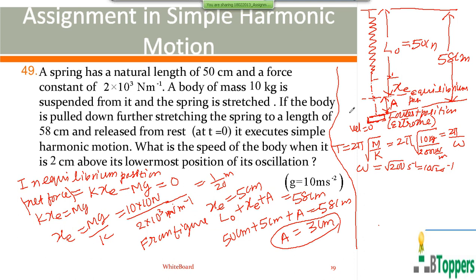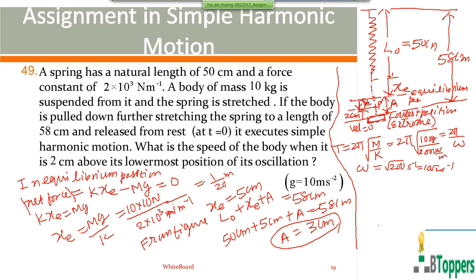We're asked to find the speed of the body at the instant when it is at a distance of 2 centimeters above the lowest position. Let P be the position of the body when it is at a distance of 2 centimeters above the lowest position. But in the equation for SHM, displacement x is measured from equilibrium position or mean position.